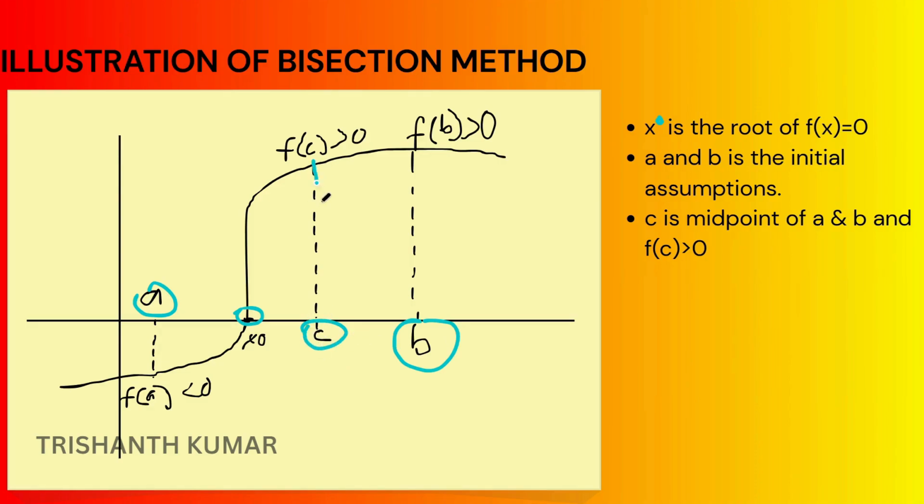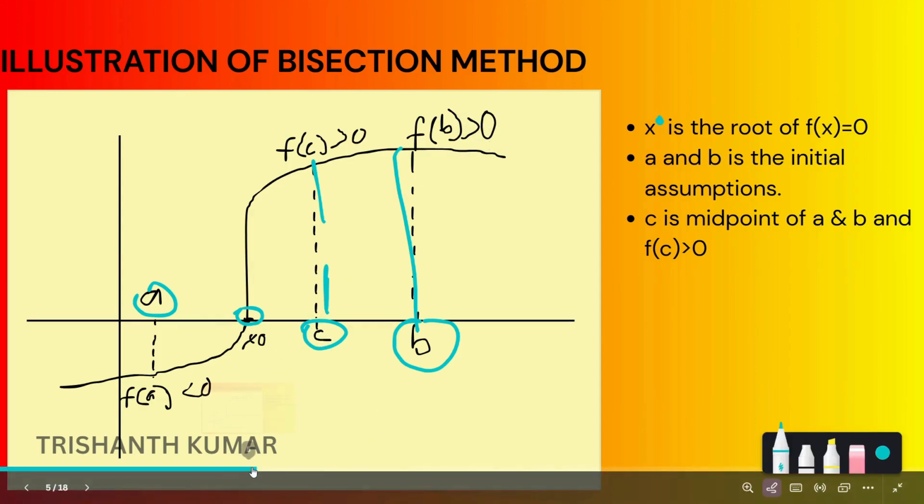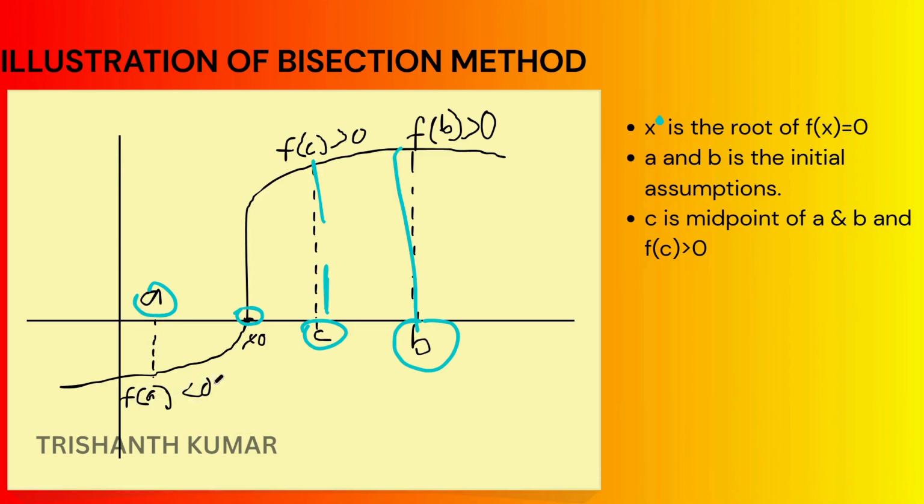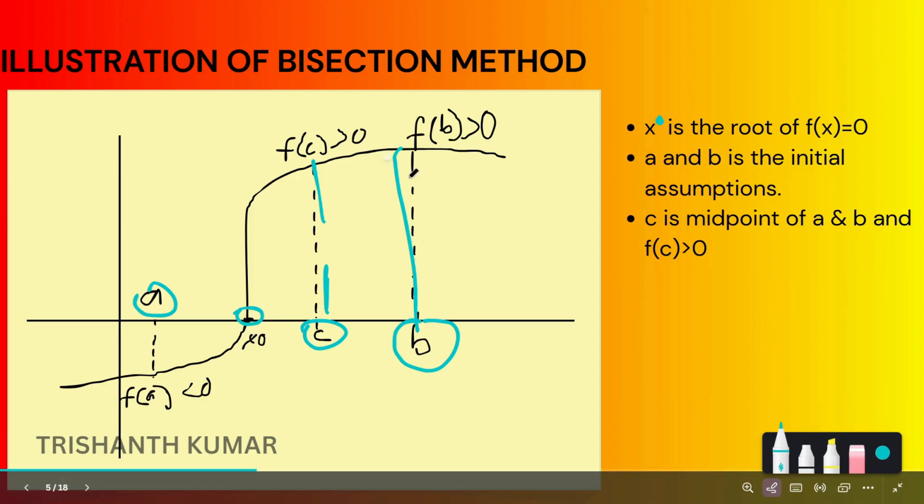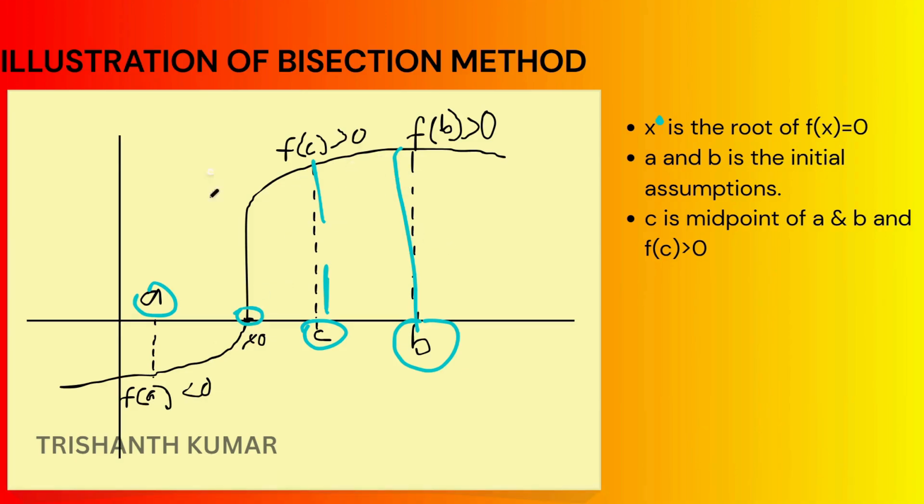The point b is where f(b) is bigger than 0, a is where f(a) is smaller than 0, and c is where f(c) is bigger than 0. So if you go left it becomes smaller than 0, and if you go right it becomes bigger than 0. So that's it.